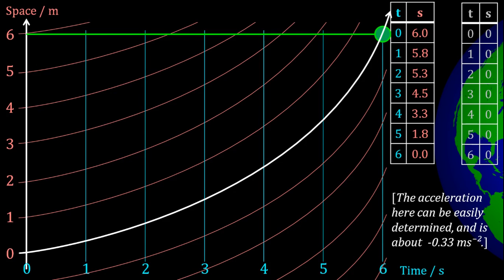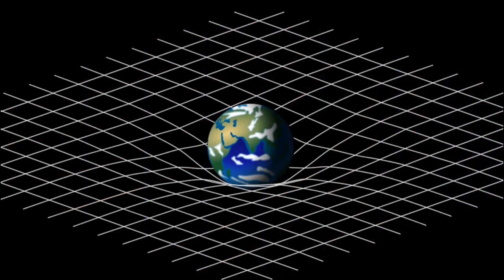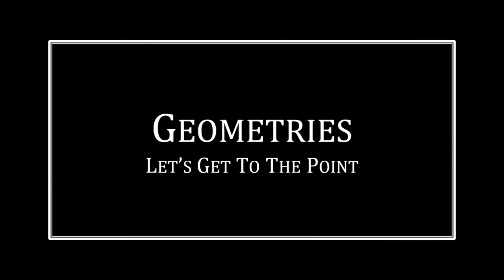Notice that there is nothing actually pulling on the object. It's still following a straight path through spacetime, according to Newton's first law. The object just appears to accelerate because spacetime is not flat. Describing curvature of a 4D entity is difficult, but a useful analogy is the geometry of curved 2D surfaces.